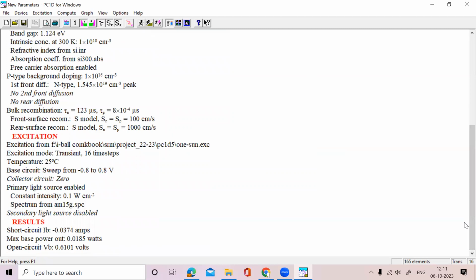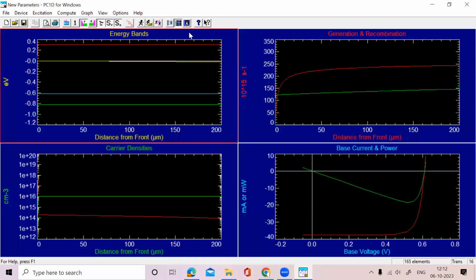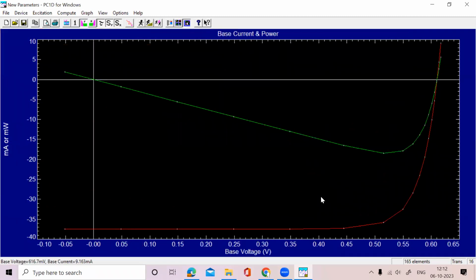When you run it, after that in the result section you can find short circuit current, maximum power, open circuit voltage, and also the IV curve. This is power, this is current.